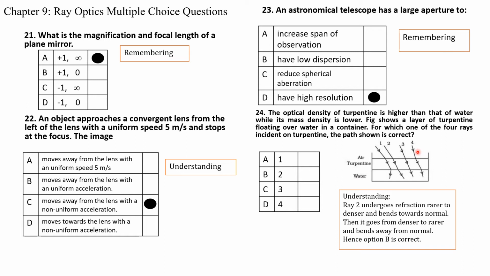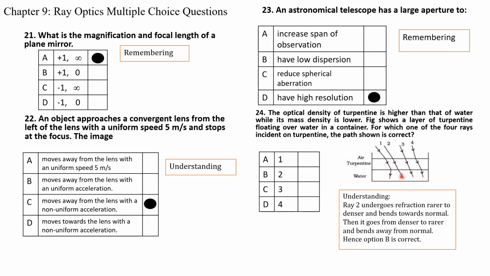Now we have to analyze all the four rays. So ray 2 undergoes refraction from rarer to denser, that is lighter medium to a denser medium, and it bends towards the normal. And then again it moves from a denser medium to the rarer medium.